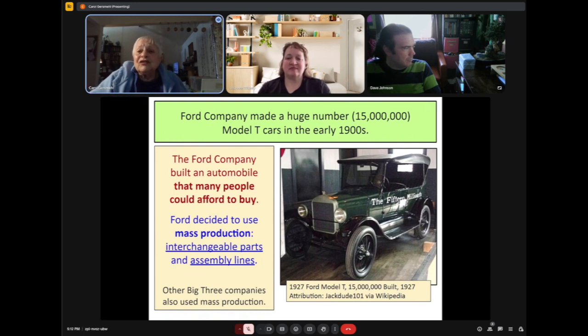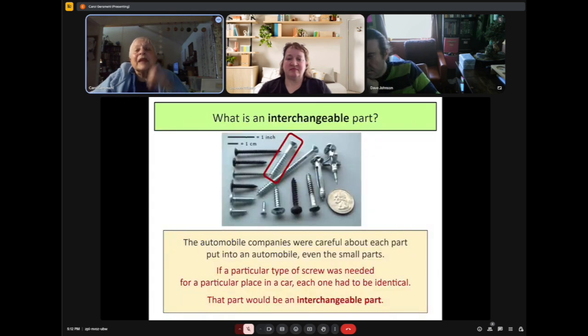It was really popular and affordable by regular people. All of the big three were able to do this because they figured out how to use an assembly line.